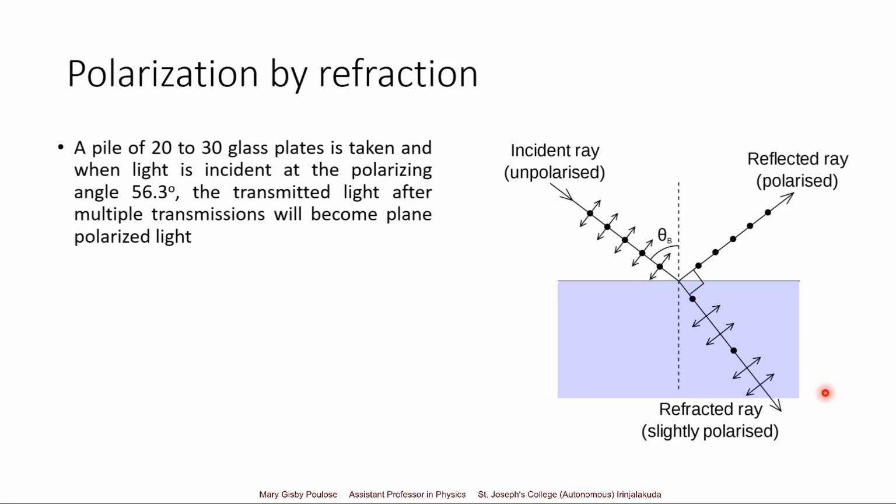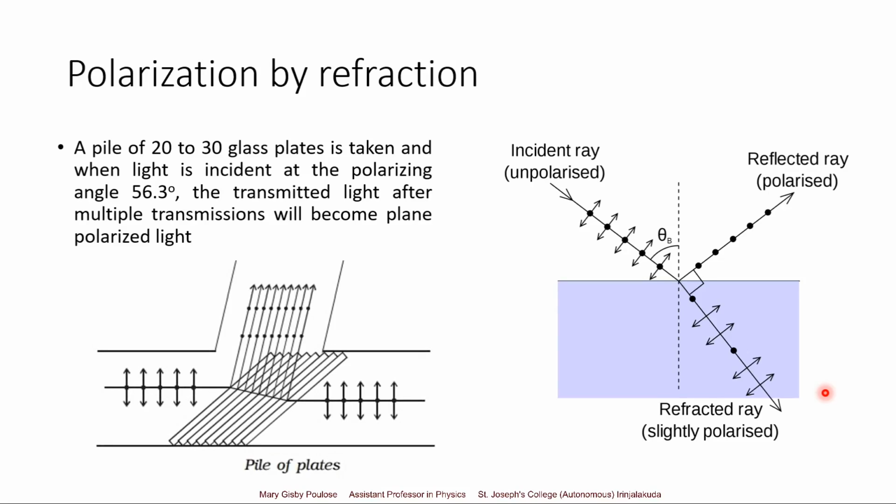If we take a pile of 20 to 30 glass plates and light is incident at the polarizing angle of 56.3 degrees, the light transmitted after multiple transmissions through these plates will become plane polarized light. Here we have the figure of the pile of plates, and after multiple refractions, the emergent ray will be plane polarized light.